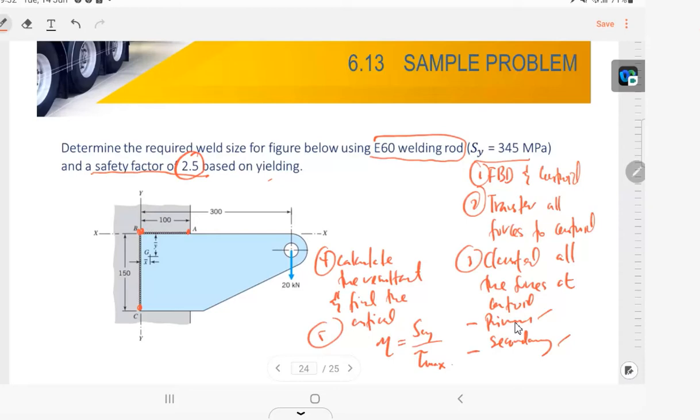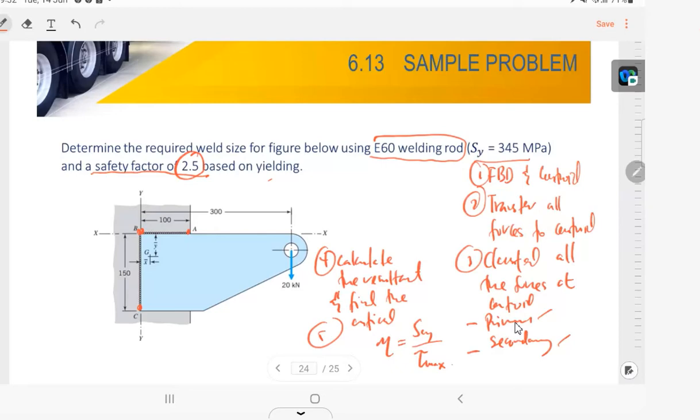Okay, you will get the value of T when you do the safety factor equation. So from the T, you then calculate H. The weld size H is based on T. The first thing you have to calculate is actually T.